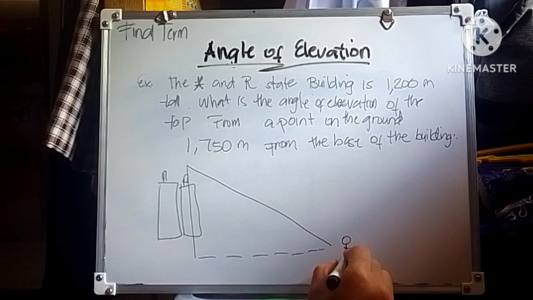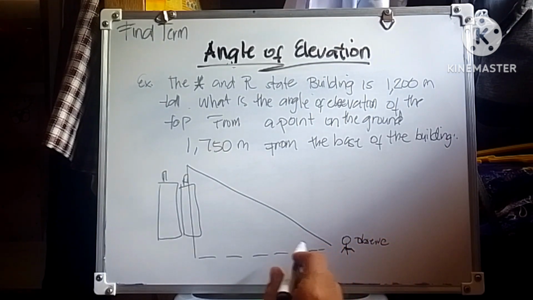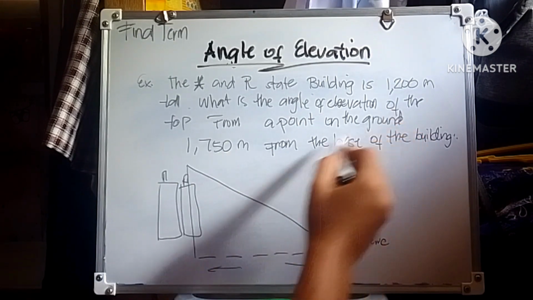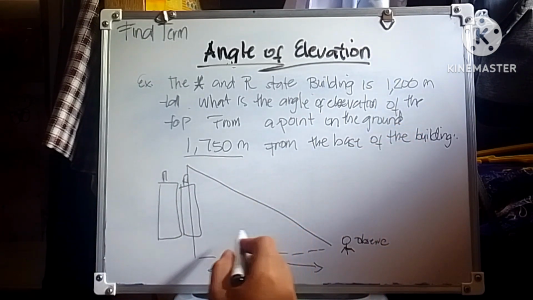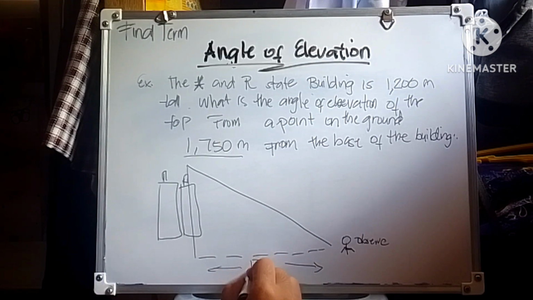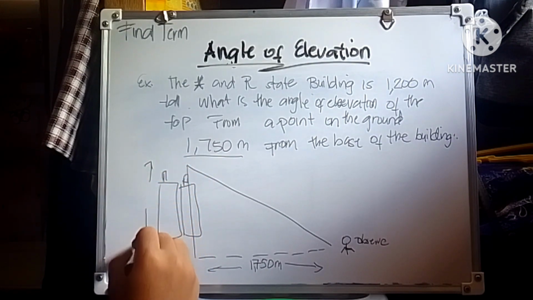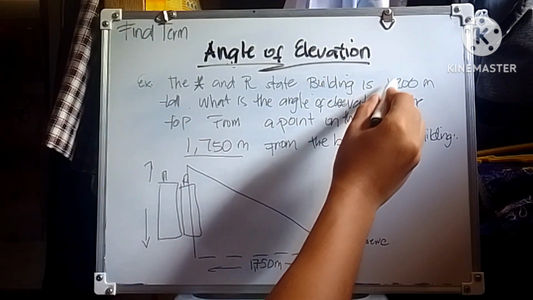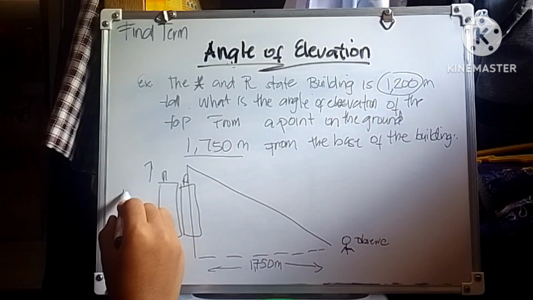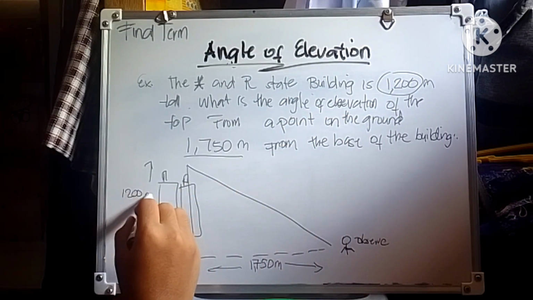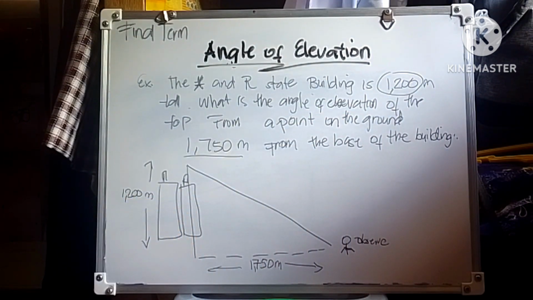And then the line of sight. This is our observer, which is the person, and this is the distance between the observer and the building. It states that the distance between the observer and the building is 1,750 meters and the height of the building is 1,200 meters.